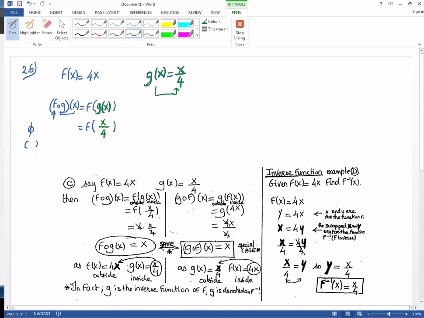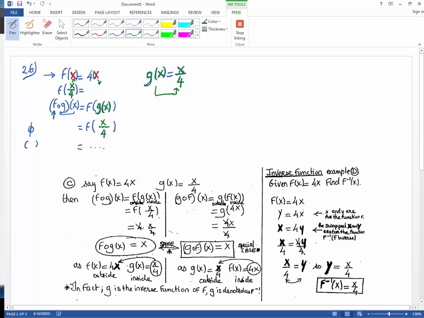Now, if I wish to find what is f evaluated at x over 4, what I need to do to finish this question here is to go where f is, which is right here. And right underneath where f of x is defined, I'm going to ask what is f not of x, but f of the quantity x divided by 4. So instead of x, which we see here, we're going to replace that red x by the quantity x over 4.